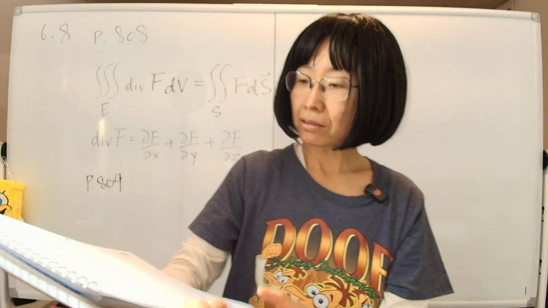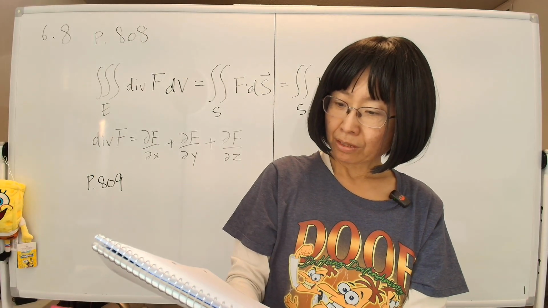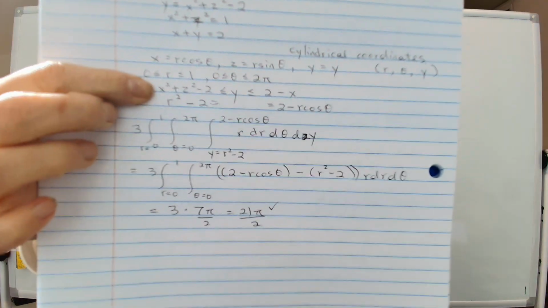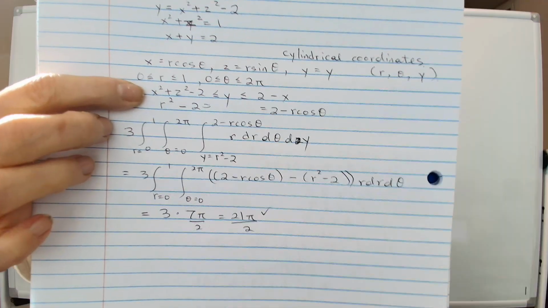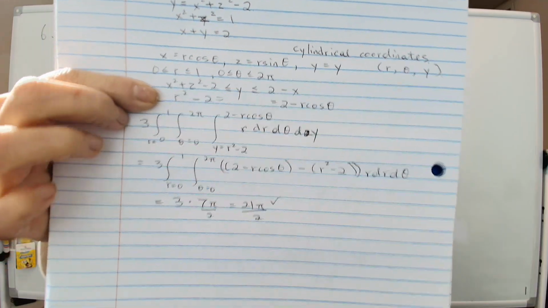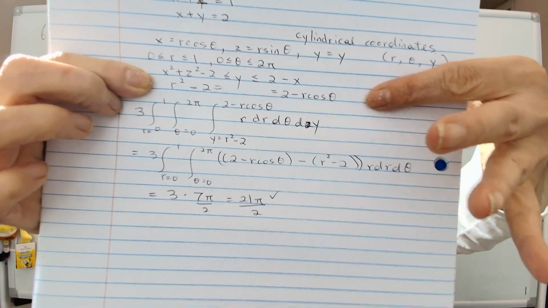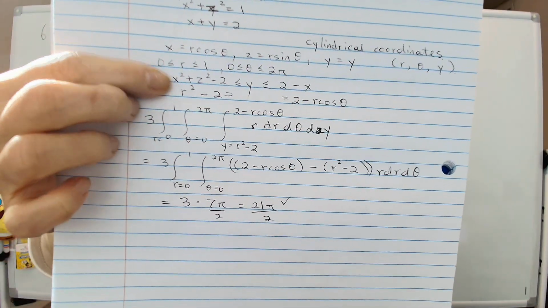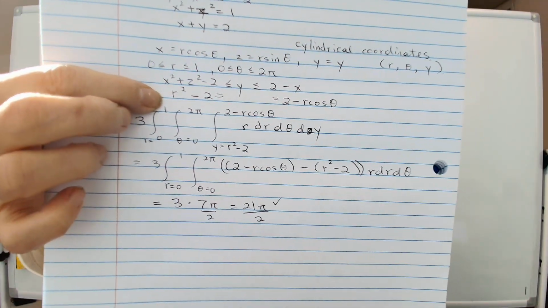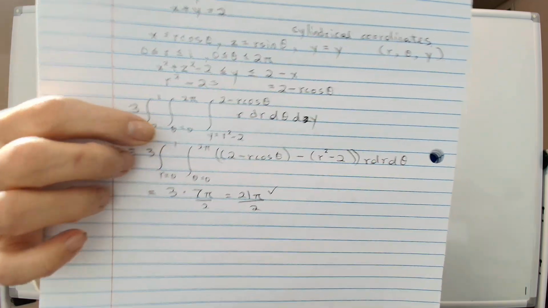And of course, we have to translate it into cylindrical coordinates. So x squared plus z squared is r squared, and then 2 minus x is 2 minus r cosine theta, being the x is r cosine theta, and these things, when they're squared, equal r squared. So now we have it all set.